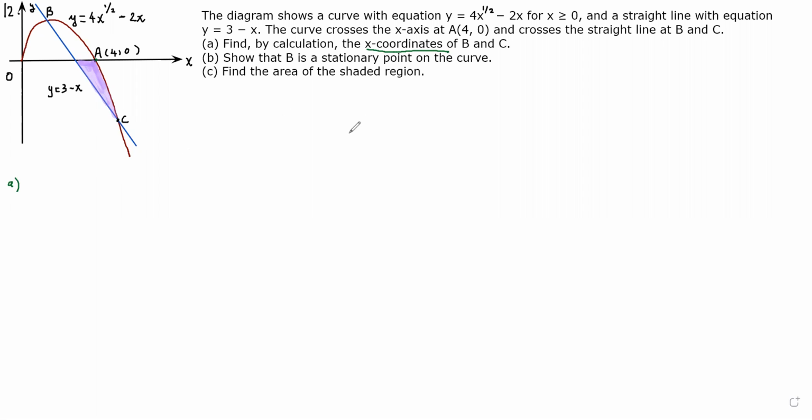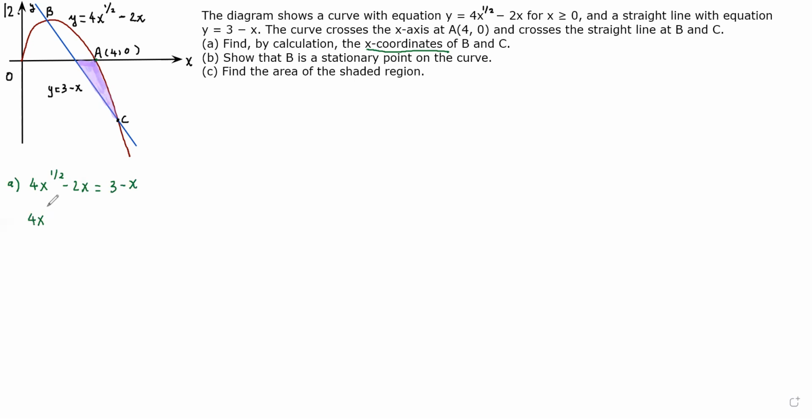When the curve intersects the line, they share the same y coordinates, so we equate the equation of the curve and the equation of the line. The curve has equation 4x to the 1/2 minus 2x, and the line has equation 3 minus x.